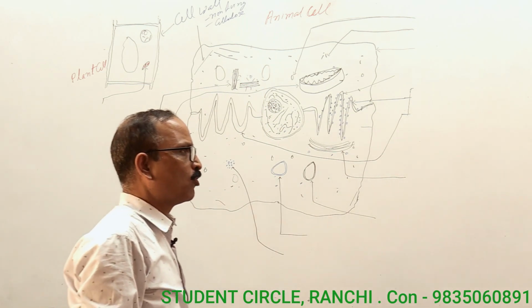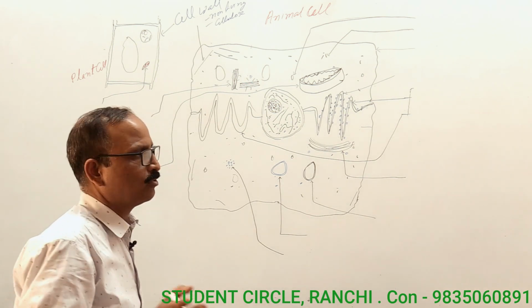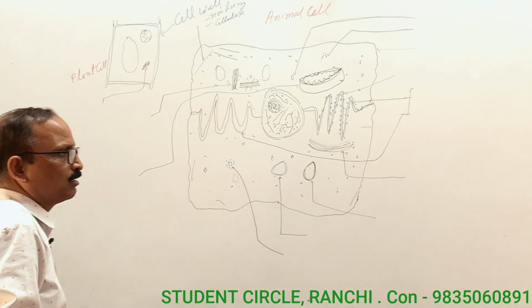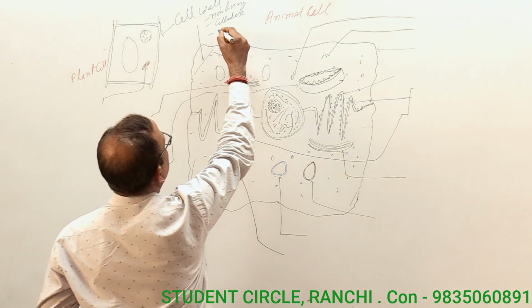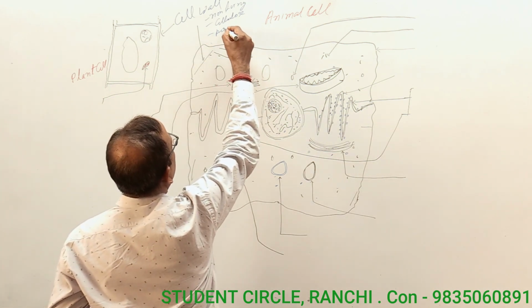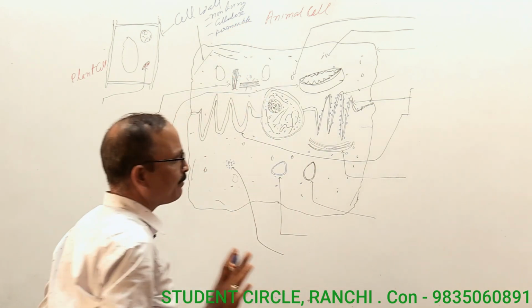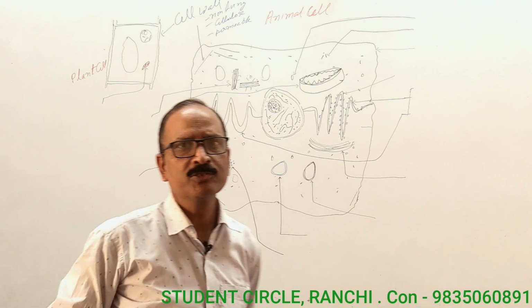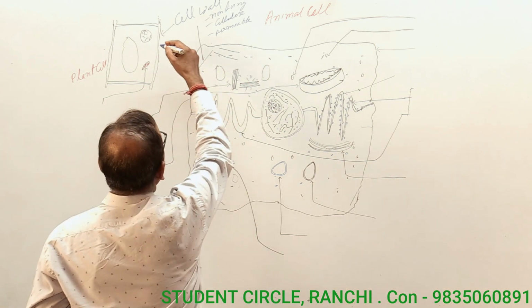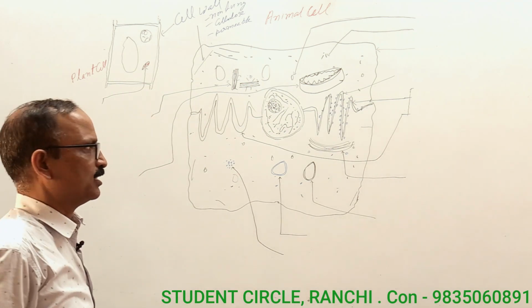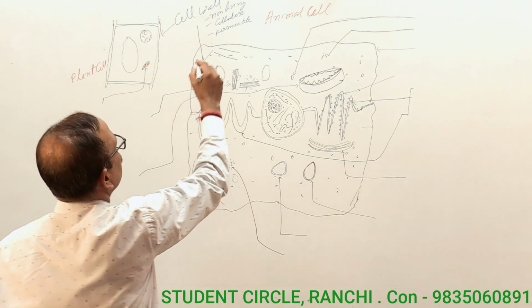Cell wall is porous, it has so many pores to allow things to go inside and outside. You can say it is permeable, means it allows everything, tiny things, to go inside and outside. But this cell wall is absent in animal cells. We don't have this cell wall. It is only in plant cells.